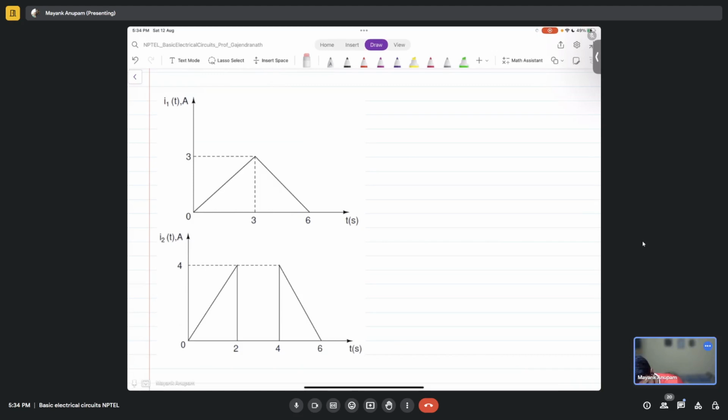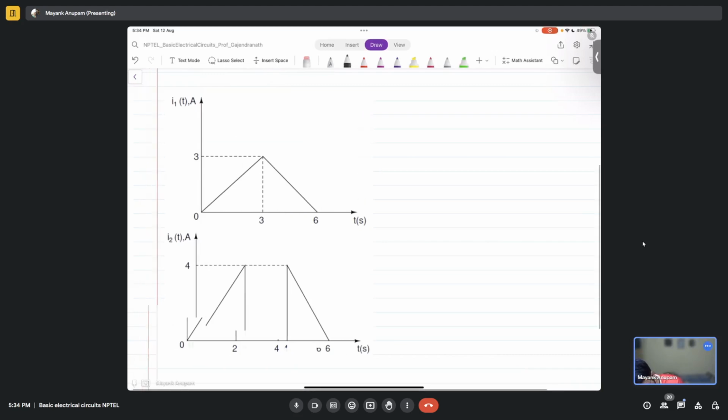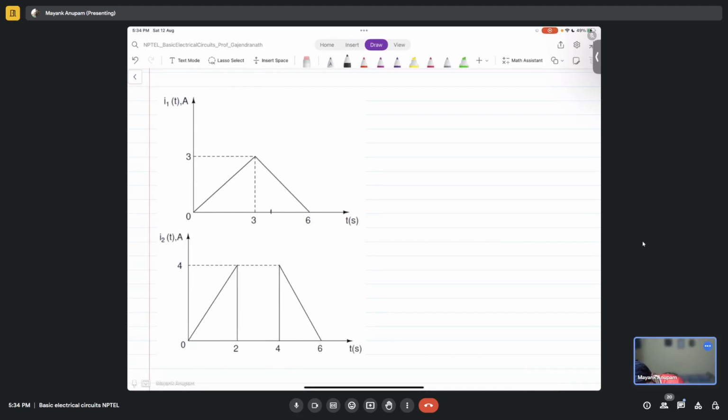Let's take, this will be 4, this will be 5. So 3.5 will be somewhere here, right? This will be 3.5 and this will be 5.